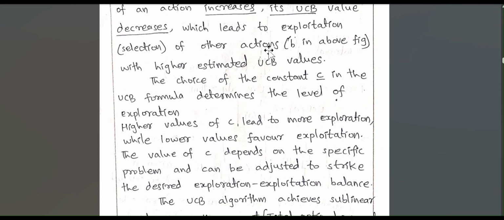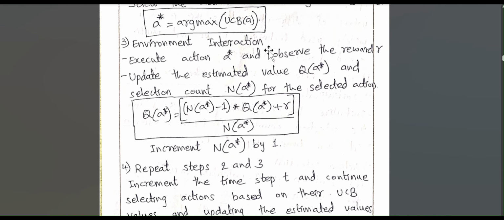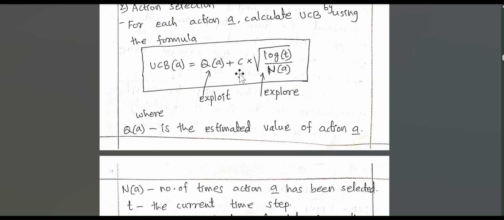Here, in this formula, you can see the constant term C determines the balance between exploration and exploitation trade-off. If the value of C is higher, it leads to more exploration.